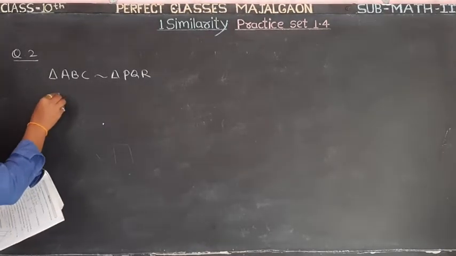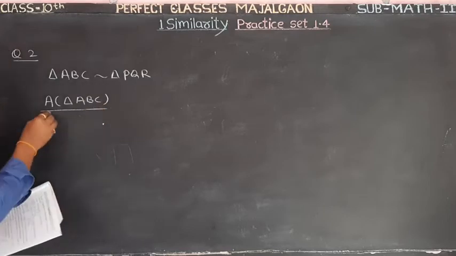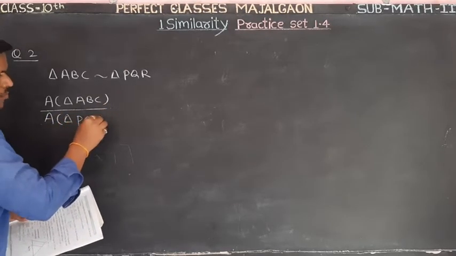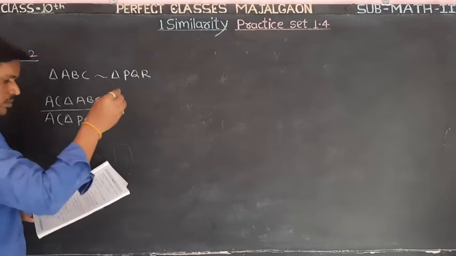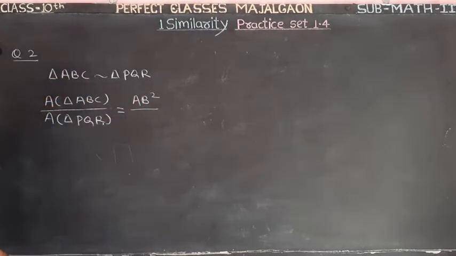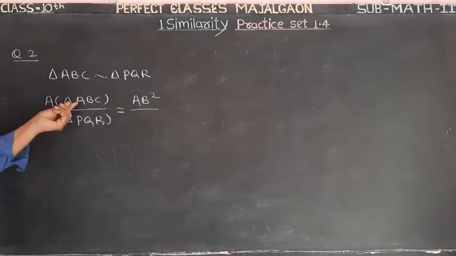Area of triangle ABC upon area of triangle PQR is equal to AB square upon, which side corresponds to AB? PQ.